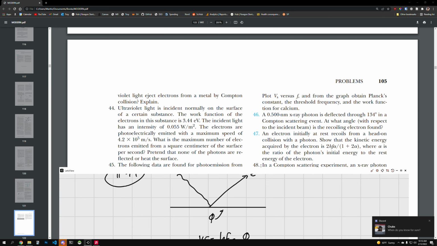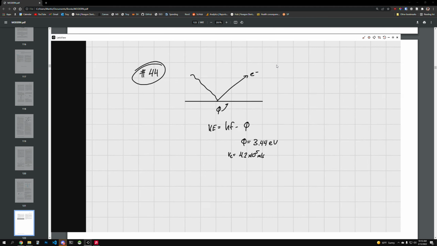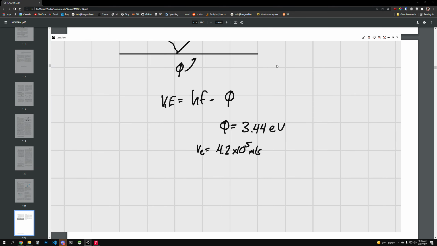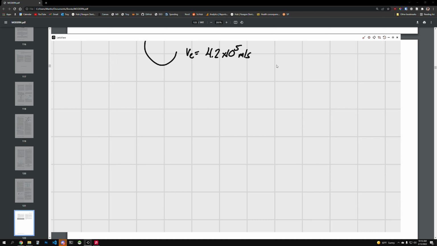And so from here, we can solve for our kinetic energy, okay? We can use that to find our frequency, because we know our work function, we don't know our frequency. And then we can relate intensity, or let's see, what does it tell us?